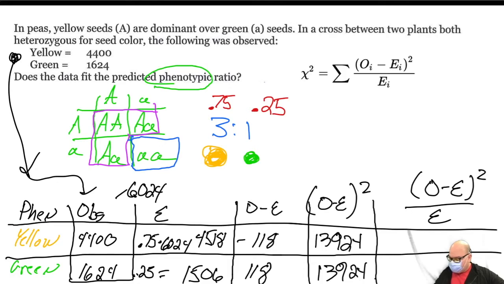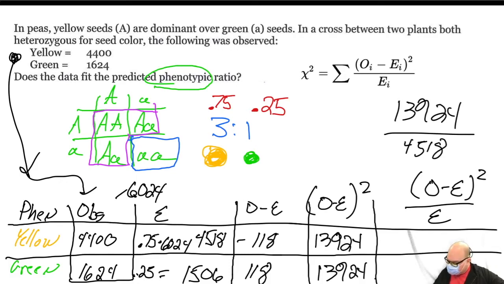We're going to take 13,924 and divide it by expected. So where's that expected come from? It comes right over here. So this number is going to move over here. So that's 4,518, and that value comes out to be 3.08.